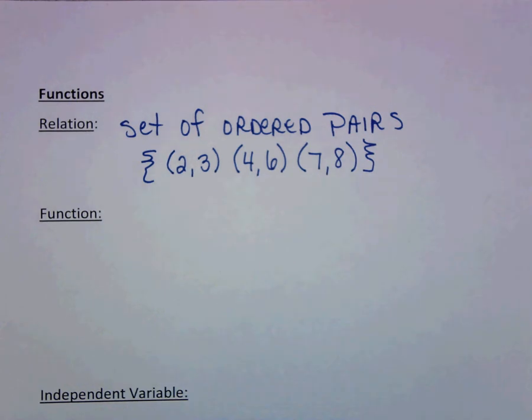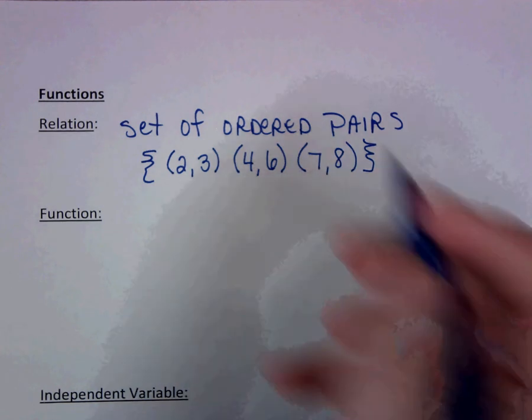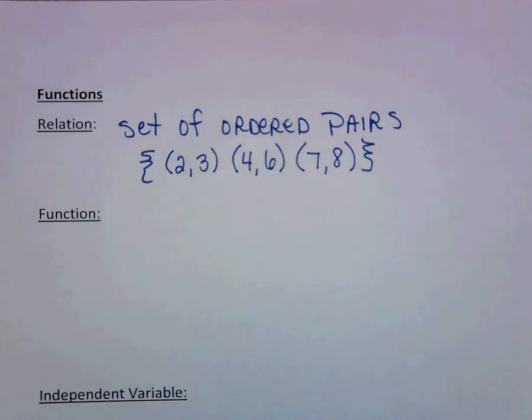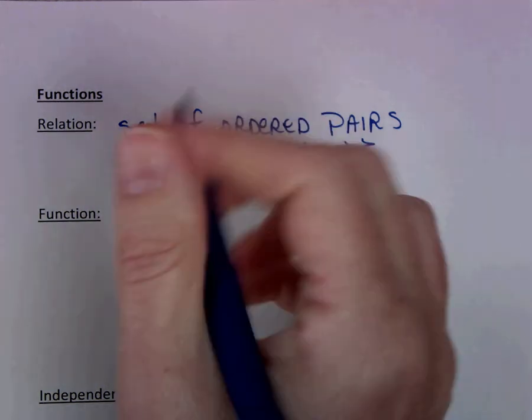Now let's talk about what a function is. You've probably learned about a function before. We're going to look at it a little bit today in a non-mathematical, more verbal sense.